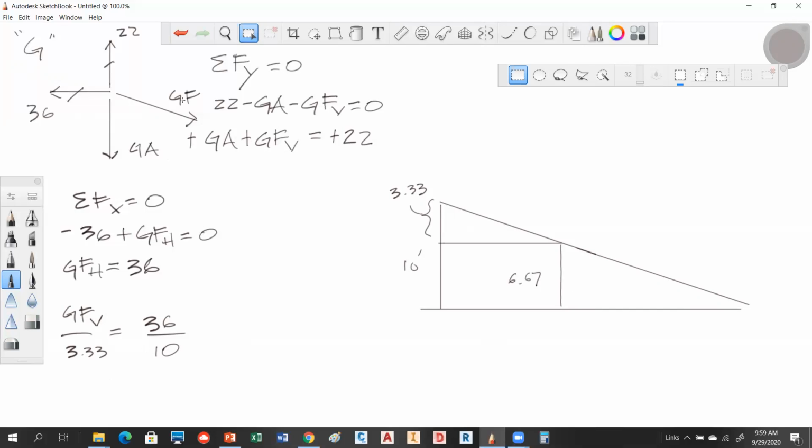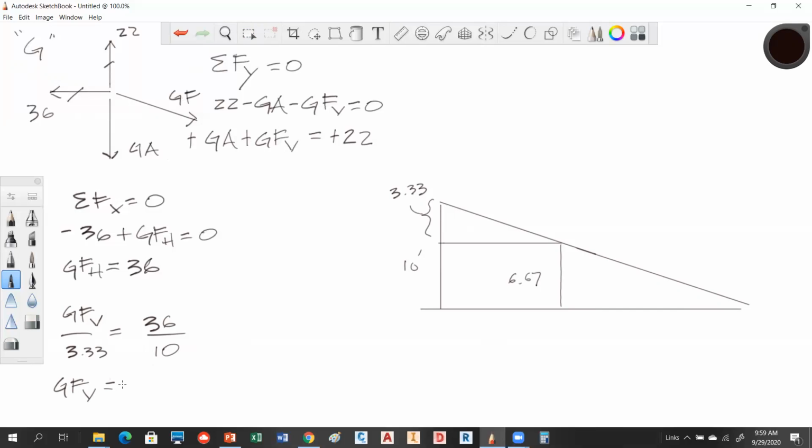So let me turn that off. So GFV will be equal to what? I got 11.98, so 12.